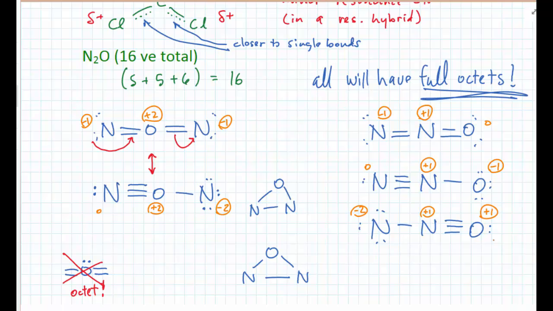So, did anybody figure out the 2 triangle structures? It's a good exercise, but what do you have to do in at least one of those triangle structures? Double bond to nitrogen. Yep.